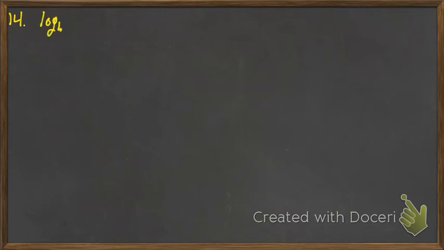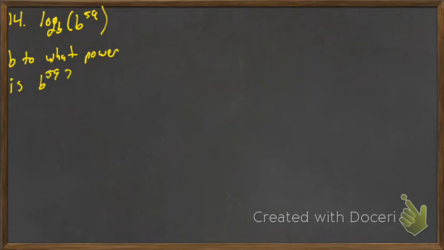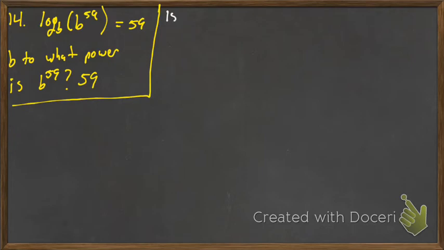So we're going to look at log base b of b to the 59th. Well, if you recognize you've got common bases, those are going to absorb, and you're going to be left with 59 right off the bat. But if we want to write it out in words, this is b to what power is b to the 59th power. Well, that's just 59, so it's equal to 59.